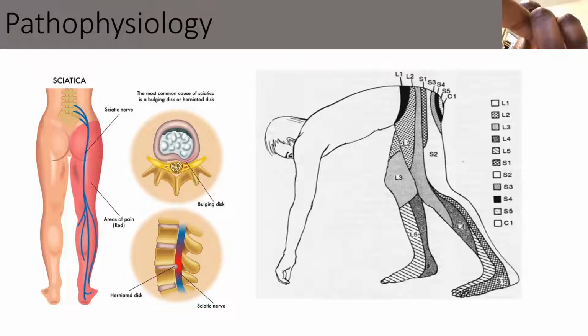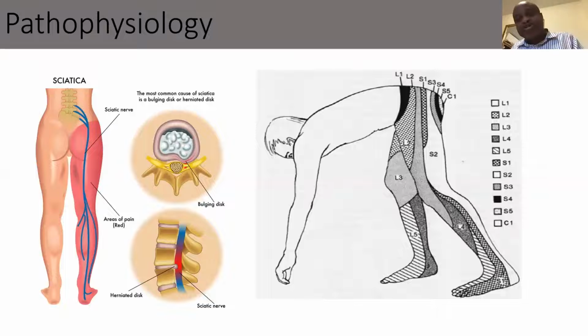When it starts radiating to your thigh muscles and going to the back of the leg and then to your foot itself. And you can see that this man bending down in here, you can see all those markings, which show the distribution of the sciatic nerve. The sciatic nerve is why we talk about sciatica.